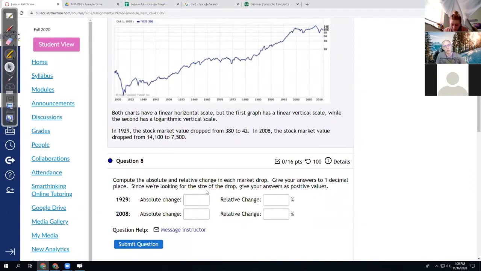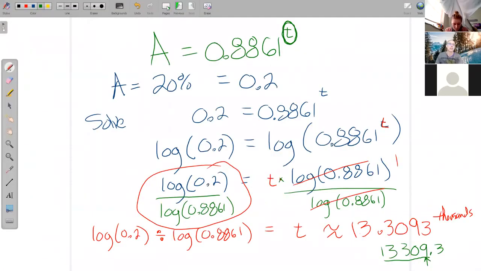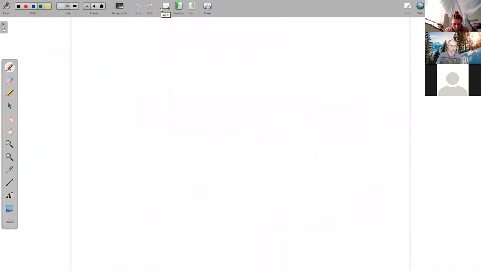So what we want to do here is calculate the absolute change for 1929. What was the actual drop from 380 to 42? That's the absolute change. And we need to change that to a relative change, so I'm just going to remind you how to do that. If you remember, feel free to move along.